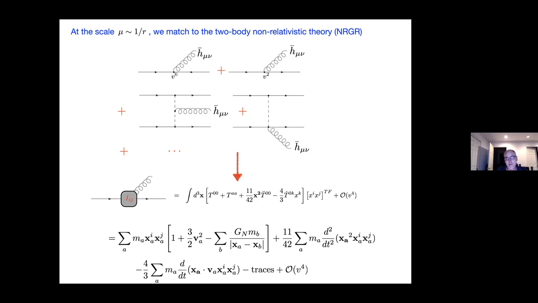And so to match, you just calculate the amplitude to emit gravitons from this two-body system of world lines, take a long wavelength limit, and you immediately can read off the multipoles from that. And so here I've shown you how that works at the next to leading order. At leading order, you just get the usual moment of inertia tensor, and then you get gravitational corrections to that from higher order diagrams.